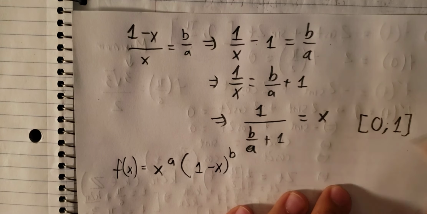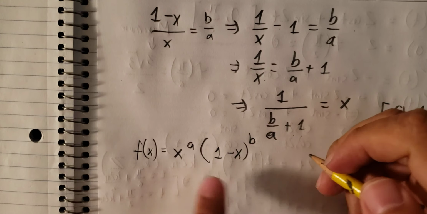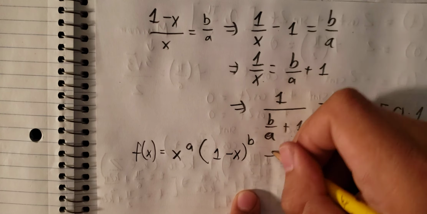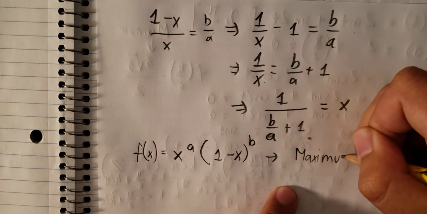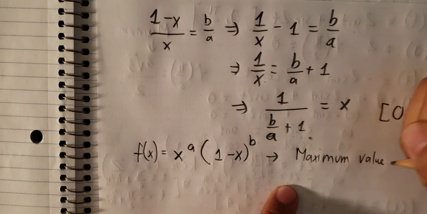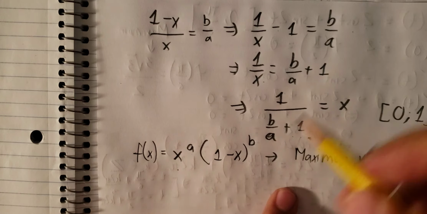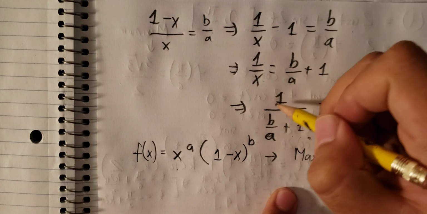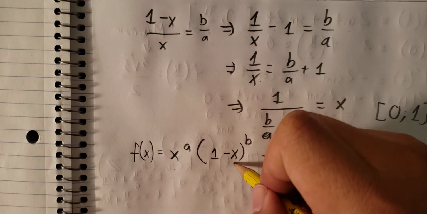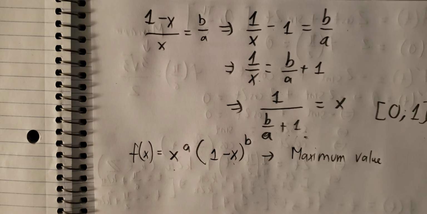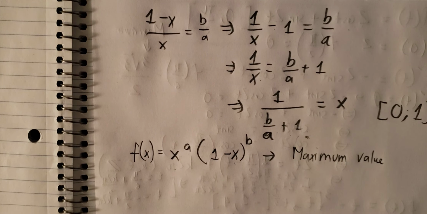That's the basic of the fraction. So you put s equal here. You get the maximum value, because that's the number that you can put for the maximum value. You just put s equal to 1 divided by b divided by a plus 1 into the function. You get the maximum value of the function. So that's the end. Thank you for watching.